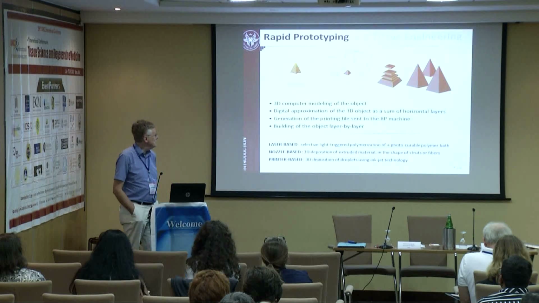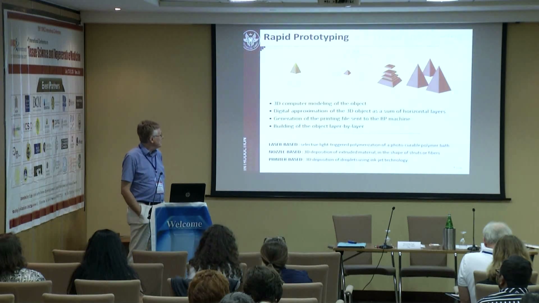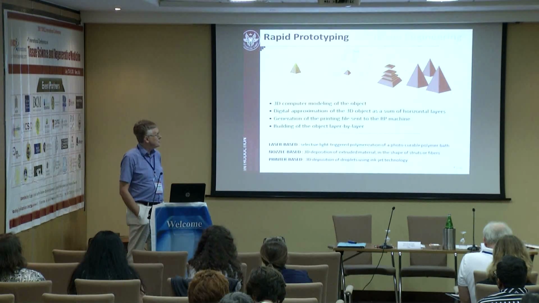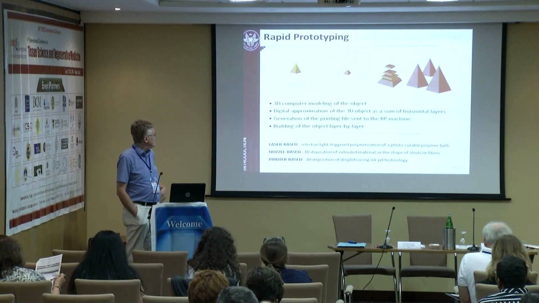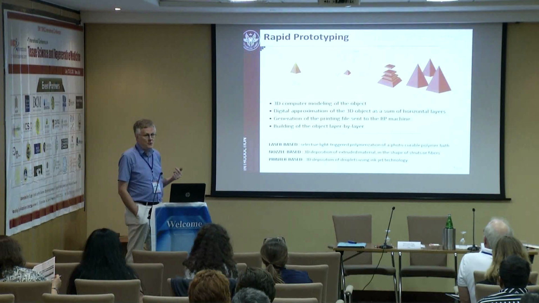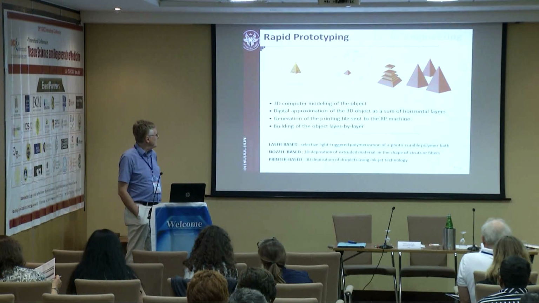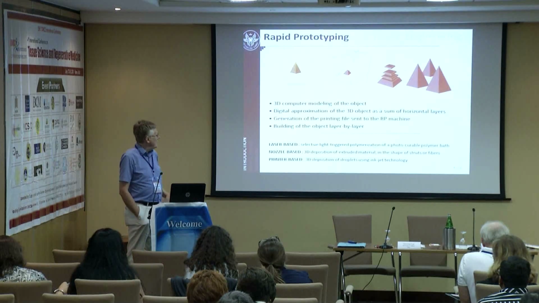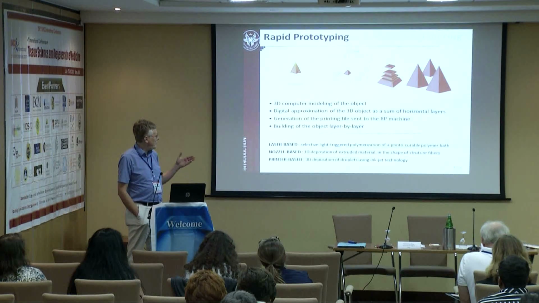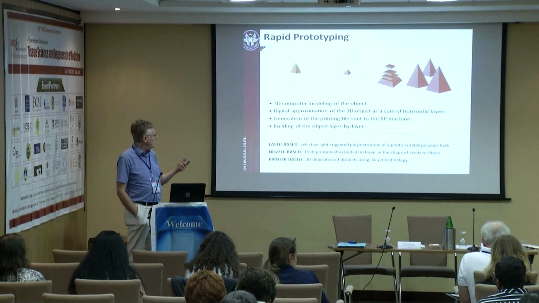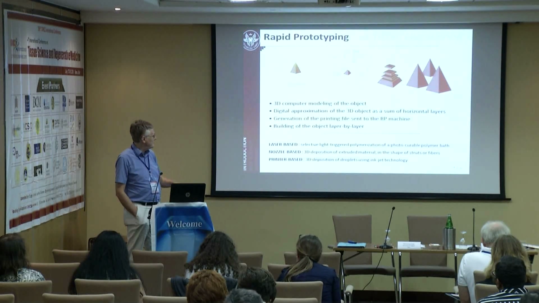So one of the most successful technologies used in the scaffold fabrication is rapid prototyping. In this technology, the object that you want to fabricate is modeled at the computer using dedicated software, and then is sliced into a series of horizontal layers, which brings to the generation of a printing file sent to the rapid prototyping machine, and then the object is fabricated layer after layer.